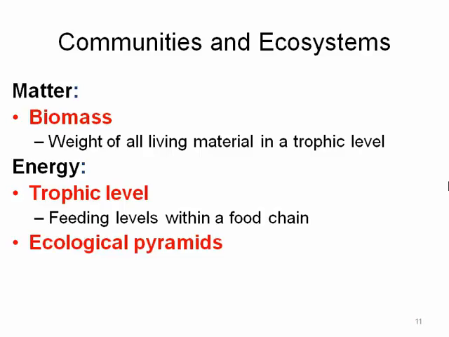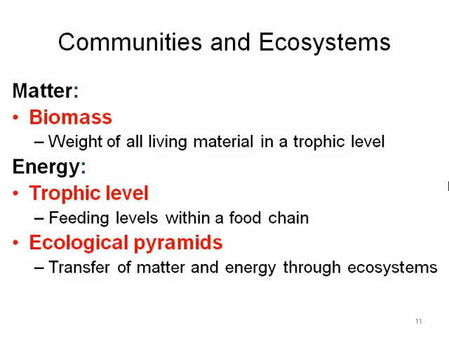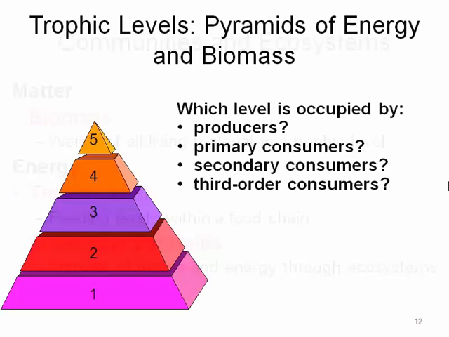Together, these terms come together in what's called an ecological pyramid. And this is just a schematic and a conceptual way to describe how matter and energy transfer through a given ecosystem. So if we think about it, with plants as producers and then animals primarily as consumers, which of the levels in this pyramid do you think is occupied by green plants?